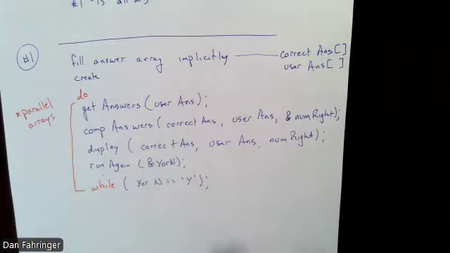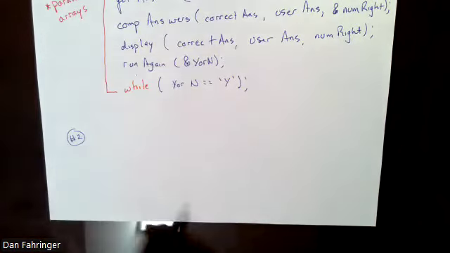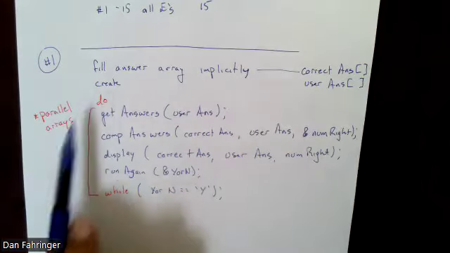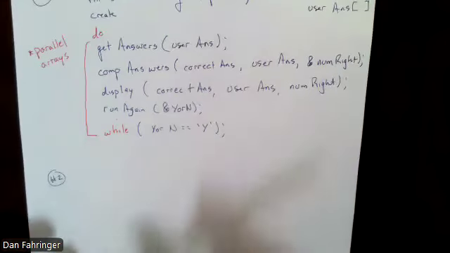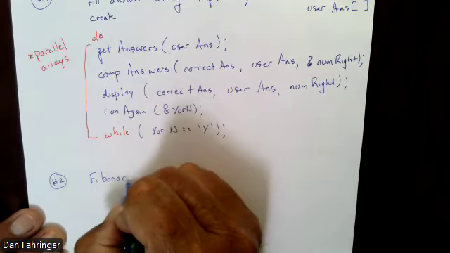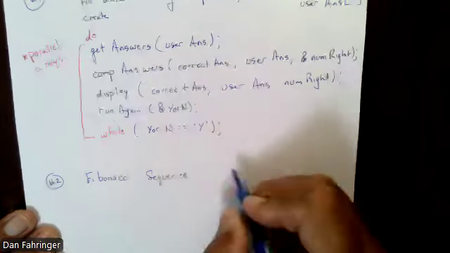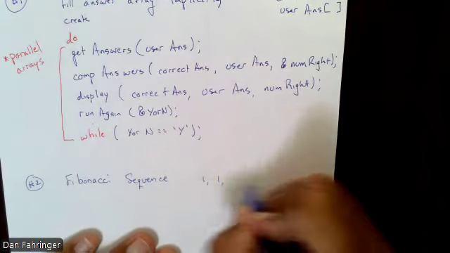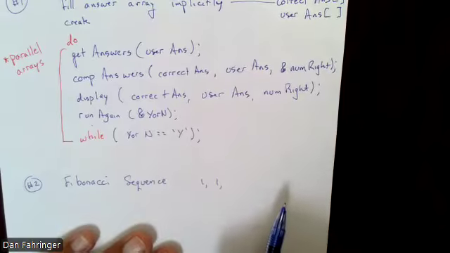All right, good. Program number 2. This will be good. If you can get all of this done and understanding it, that's fantastic. Fibonacci sequence. We're going to start it at 1. How does the Fibonacci sequence work?